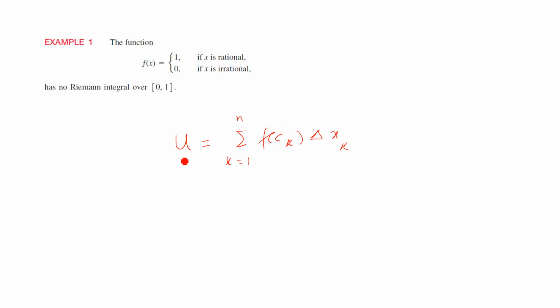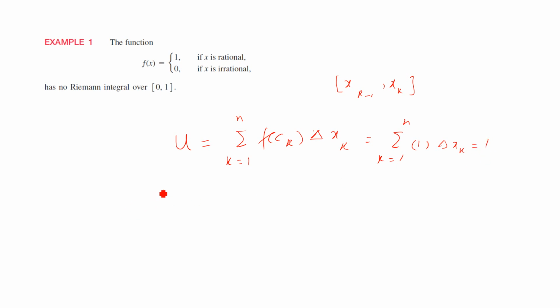Now, if we are considering the upper sum, the maximum height of the function in the kth interval [xk-1, xk] will be 1. So this sum will become the sum from k equals 1 to n of 1 times delta xk. Since the delta xk sum to the interval length, this sum will become 1.